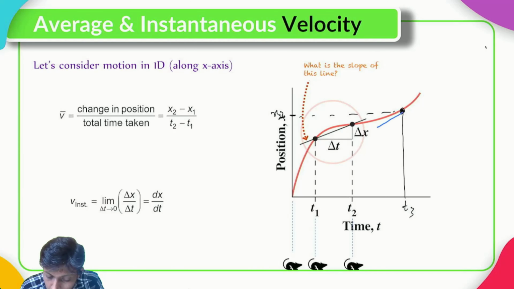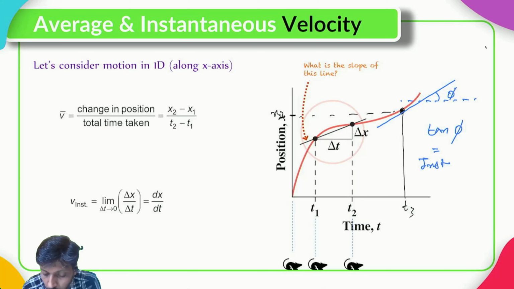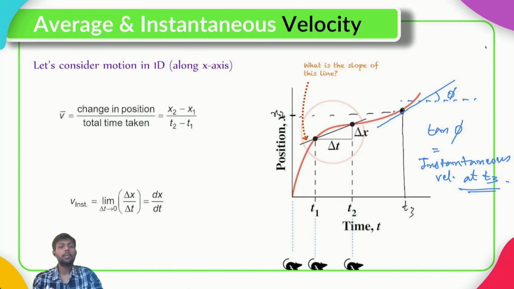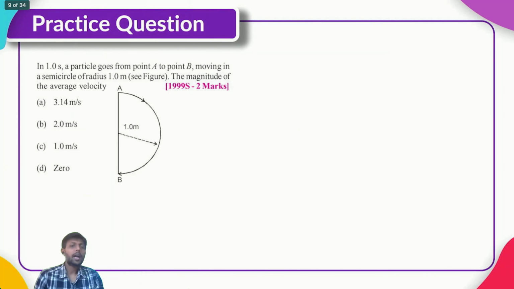So that tangent will just touch the curve like this. You measure this angle with the horizontal. Let's call it phi. And then tan phi will give you the instantaneous velocity at t3. So this is the complete treatment of average and instantaneous velocity and how we figure that out from the position time graph. Let's practice some questions on this in order to get more clarity.